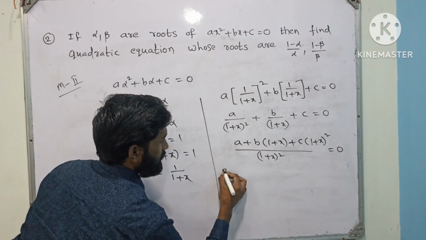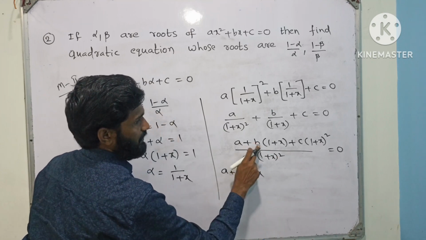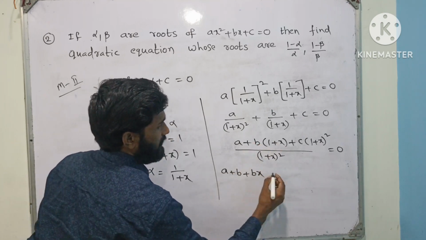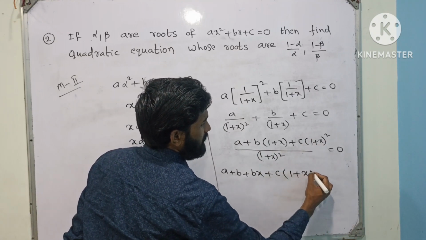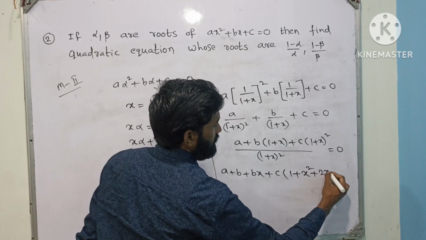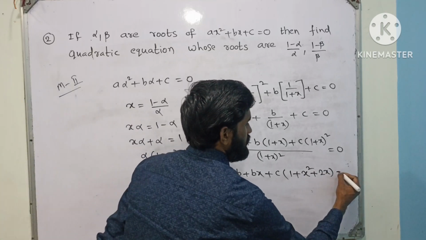Now just expand this one: a plus b plus bx, b into 1 is b, plus b into x is bx, plus c into (a plus b) whole square, a square plus 2ab plus b square, which equals 0.